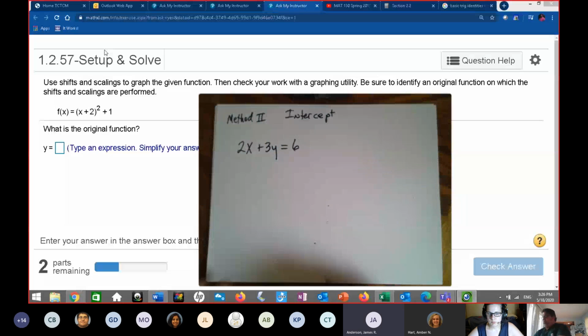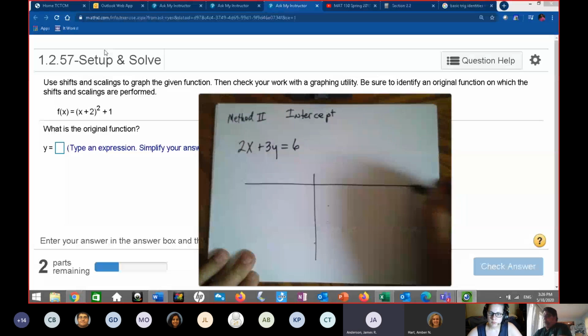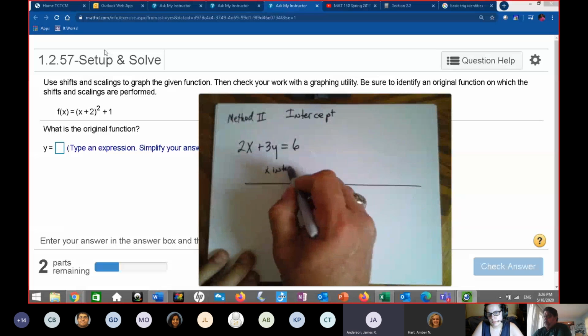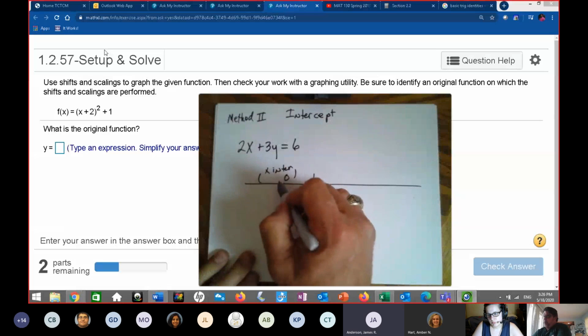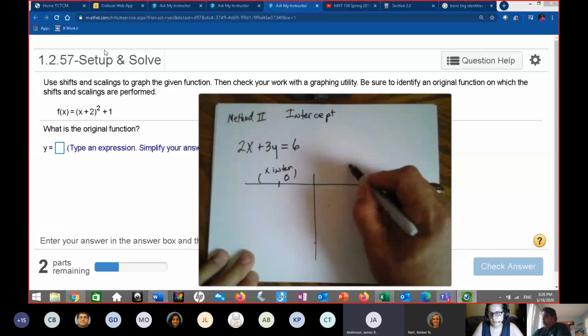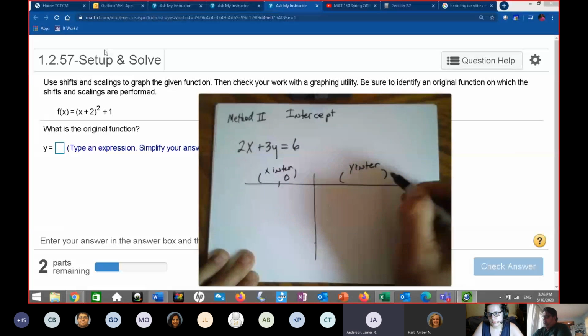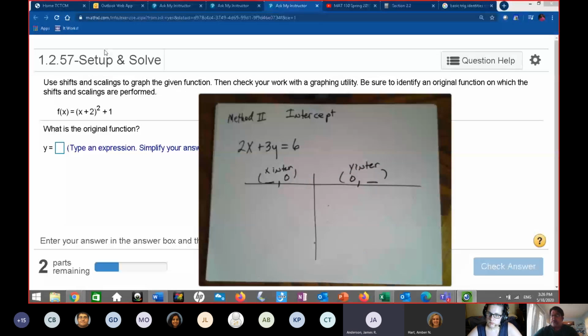You should have been taught to put an x-intercept over here, 0 for y, and a y-intercept here, and what do you always plug in for the y-intercept? 0 for x. That right there is what you should remember.